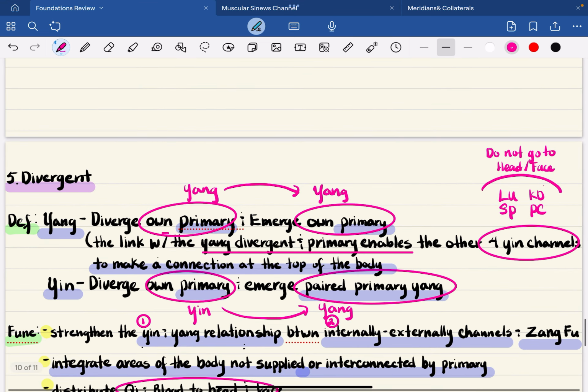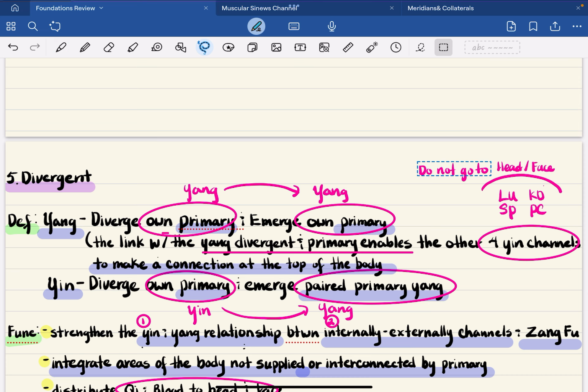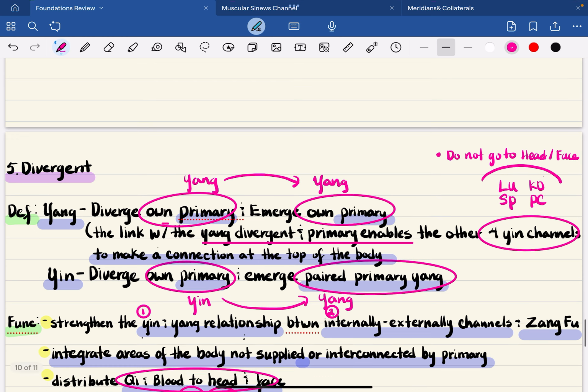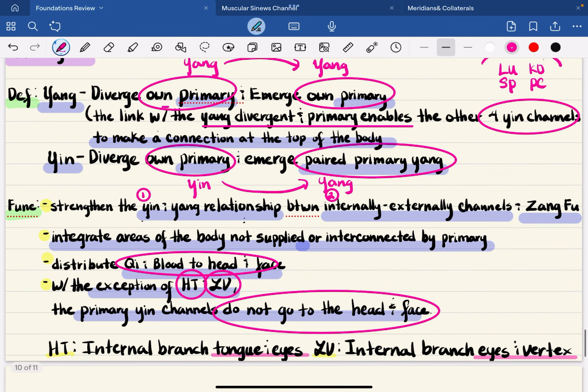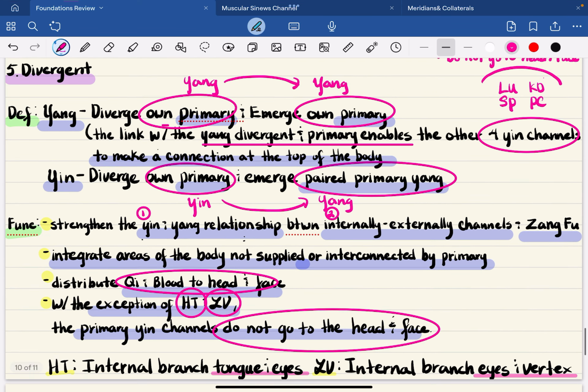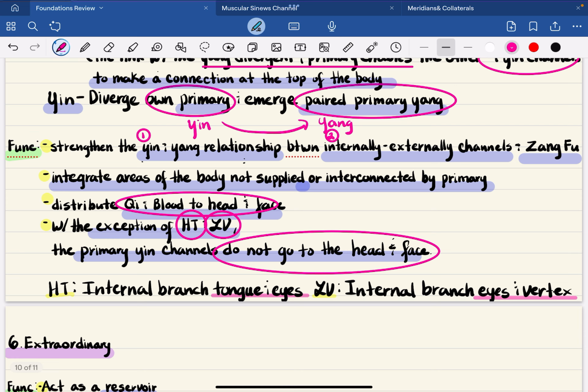That's legible. See, these four do not. So the divergent channel helps these four to reach the head and face, which is not going to happen for these four channels. However, for the heart and liver, it does.